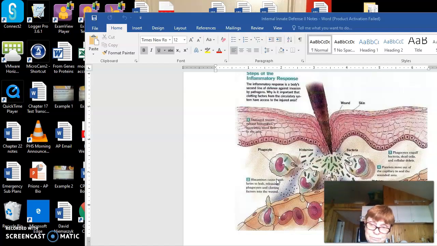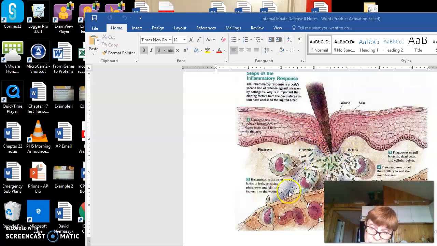If you take a good look at the picture, and again, I've included this picture in your notes for innate defenses number 2, it's telling you that the damaged tissue here is sending out a release of histamines. And so that goes into that blood flow area.